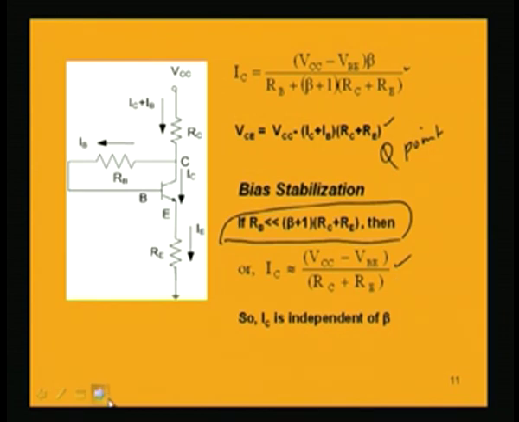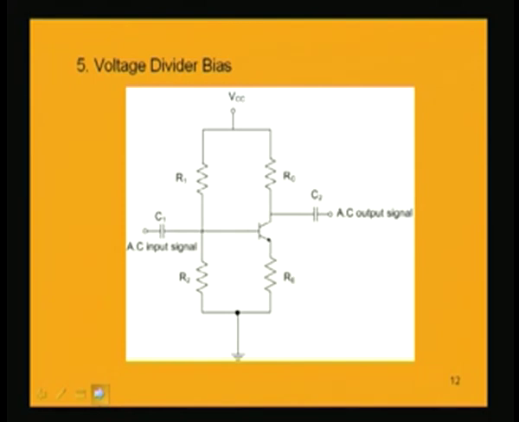Now, finally, we will be discussing a scheme which is most popularly used and has advantages, known as the voltage divider bias scheme or potential divider bias scheme. In this scheme, apart from using a single resistance RB, there are two resistances R1 and R2 used in this fashion.